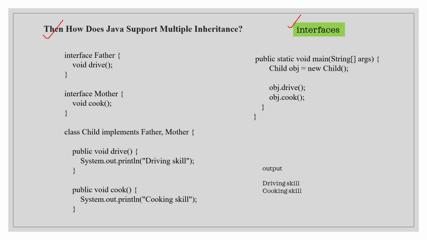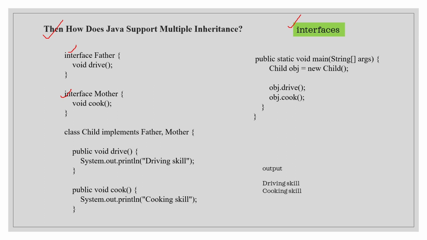Here we have an interface called father with a method drive and another interface called mother with the method name cook. Right? So these are our two parent interfaces. Now we create a class called child, and this child class implements both the father and mother interfaces. Since interfaces only declare the methods, the child class itself will create the actual code for those methods.